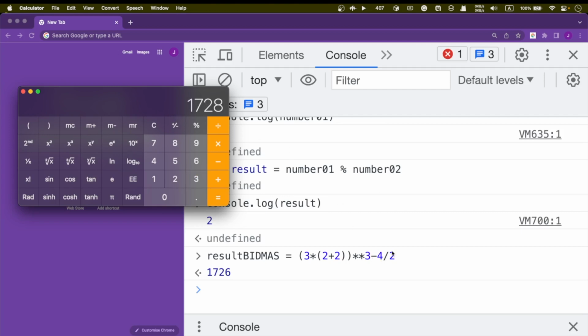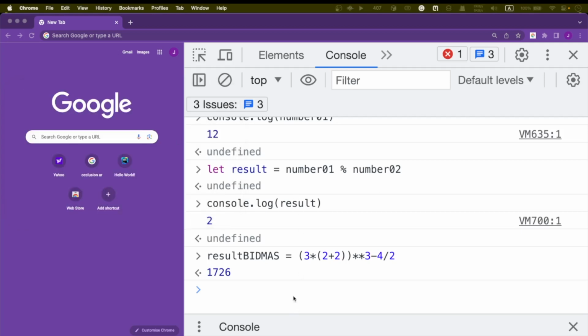And minus, and you do division first. Okay, so 4 divided by 2 equals to 2, so you subtract 2 from it, and you got this 1726.